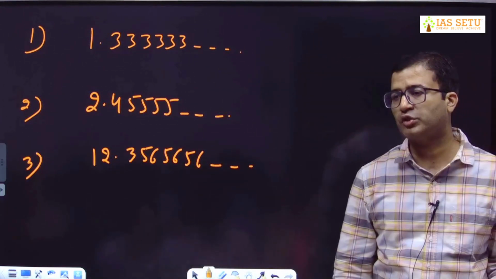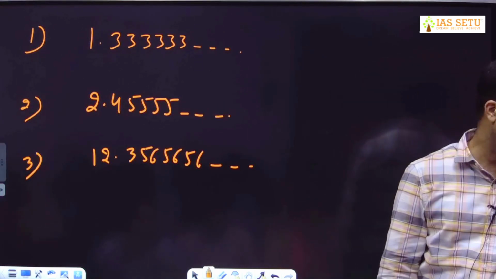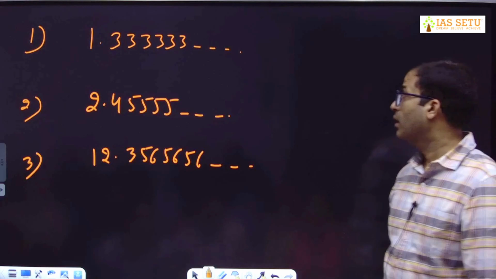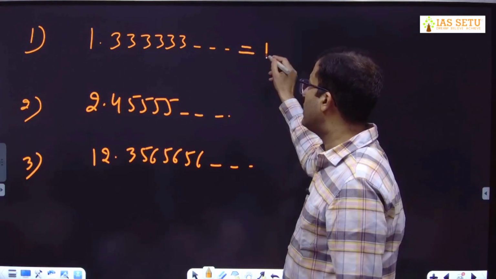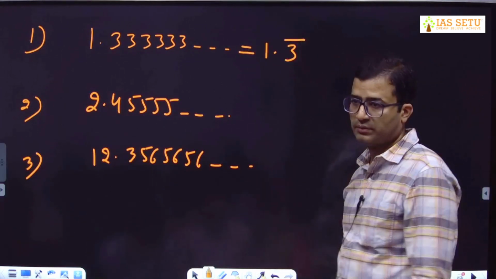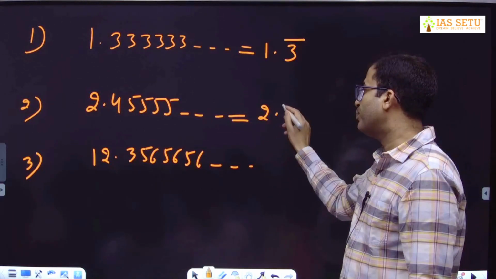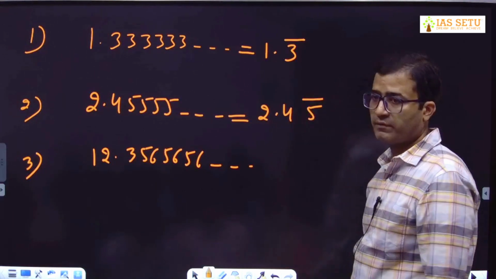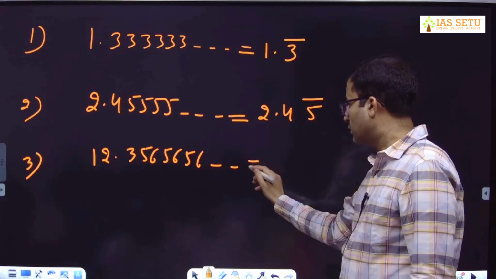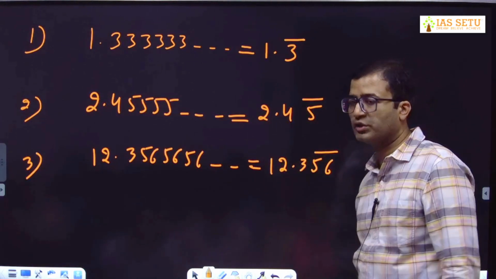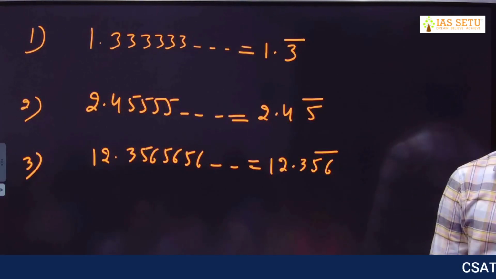Before decimal also you have digit, after decimal also some digit, then repetition, recurring part. So first thing is we write it as 1 point bar on 3. 3 reoccurs again and again. Here it is 2.4 bar on 5. Here it is 12.3 bar on 5 6, because this 5 6 reoccurs again and again.